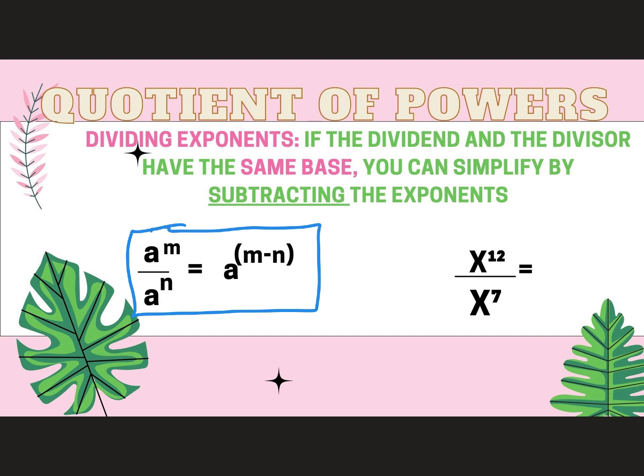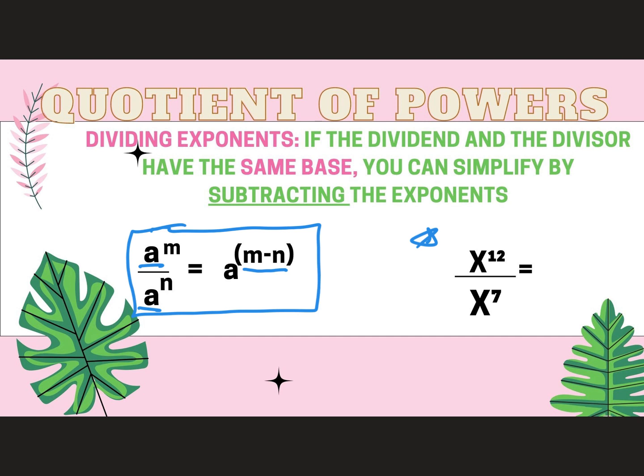Look here, same base. Okay? So the rule says if the base is the same and we are dividing, we are simply subtracting those exponents. So let's take a look at an example problem here. I have x to the 12th over x to the 7th.